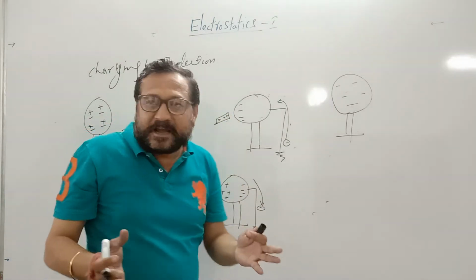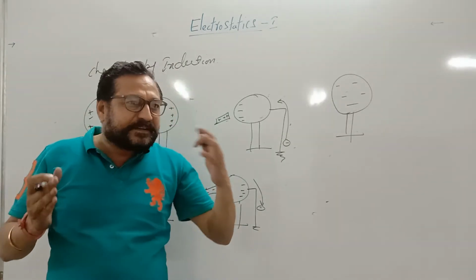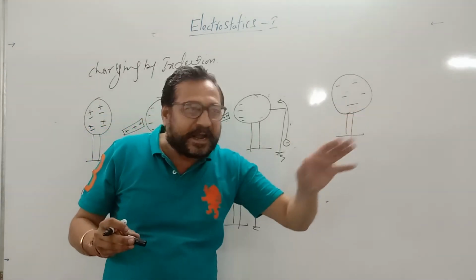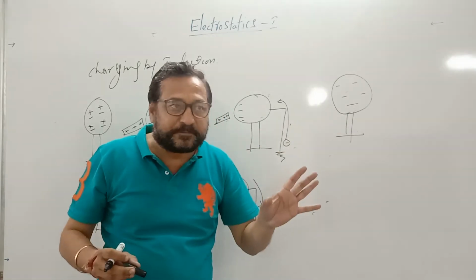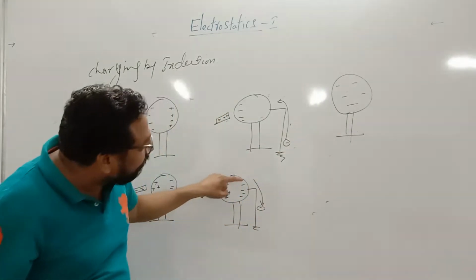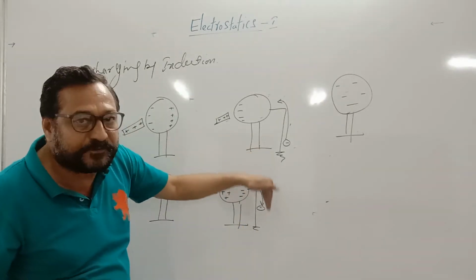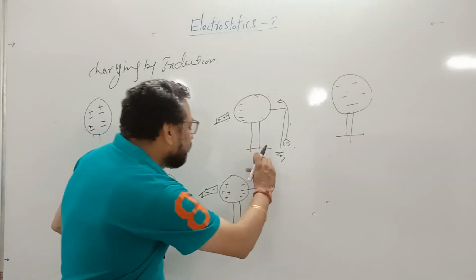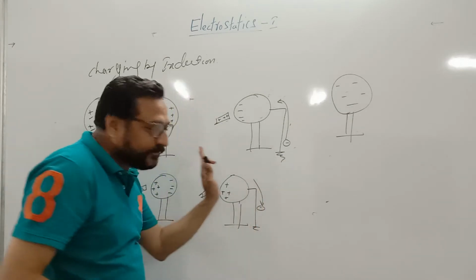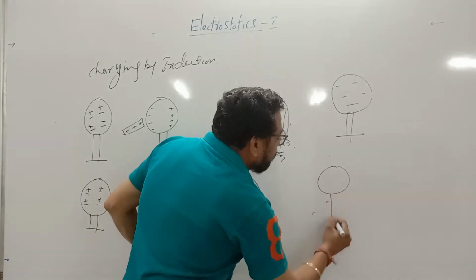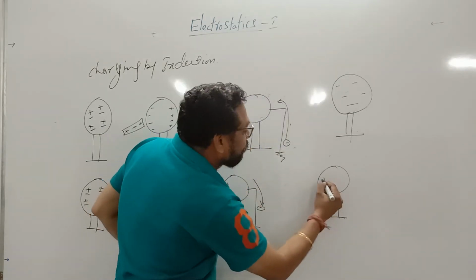It is the same as the very simple concept of the earthing wire in your household wiring system. Similarly, when we touch this to the earth, the electrons are shifted to the earth. It means the charge is going out to the earth. In this condition, we are left with positive charge.